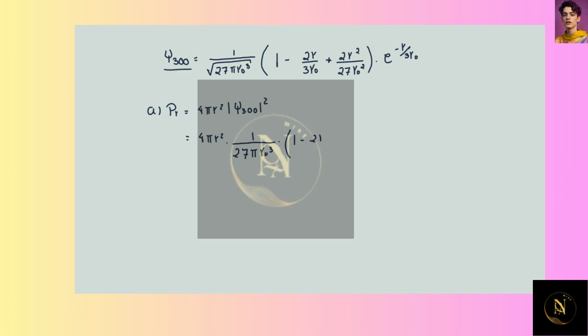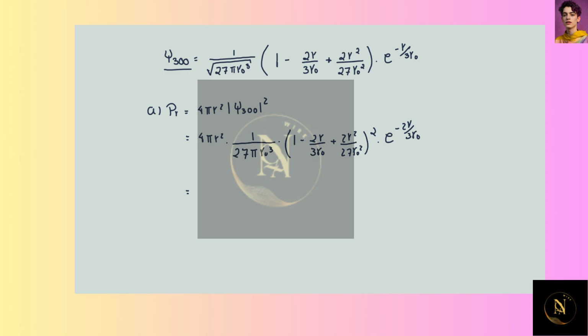1 minus 2r divided by 3 r0 plus 2r squared over 27 r0 squared times e to the minus 2r divided by 3 r0.